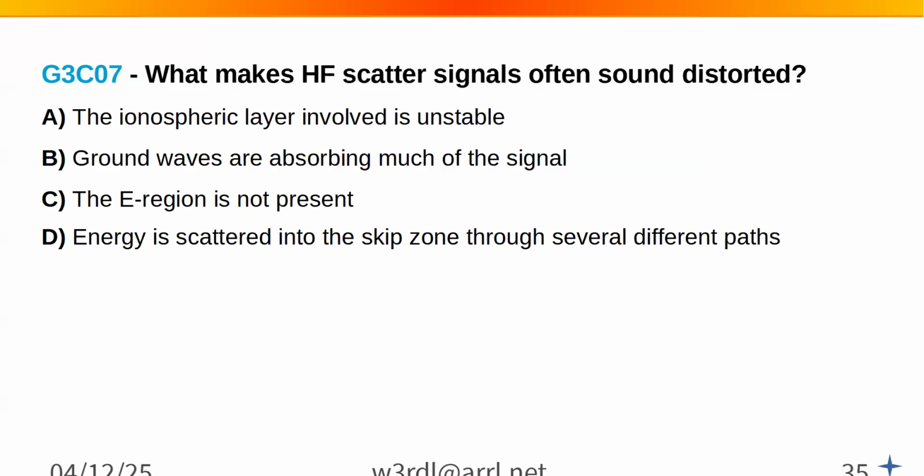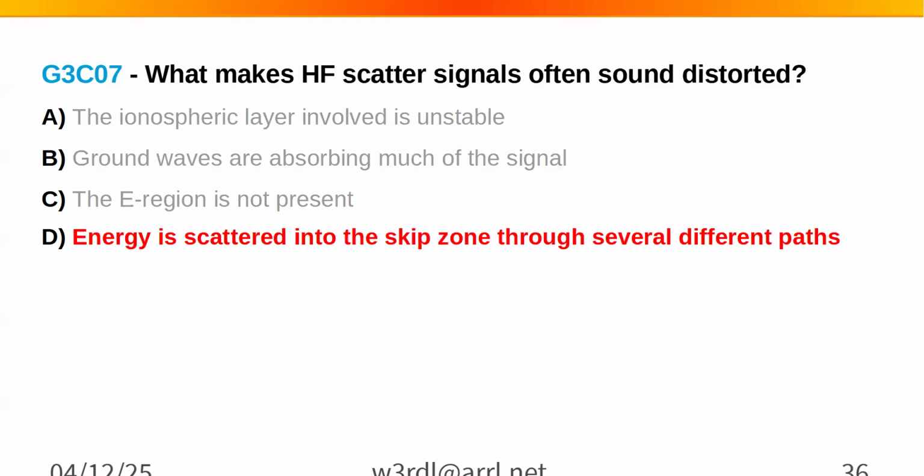Alpha? Got a lot of alphas. Well, it should have. It's not getting scattered from the ionosphere, but from the troposphere, which is below the ionosphere. He's right.